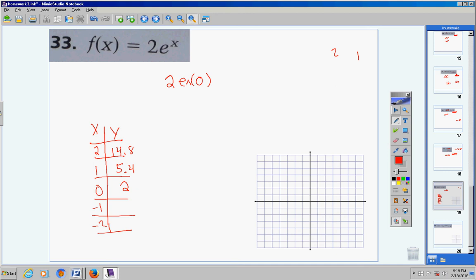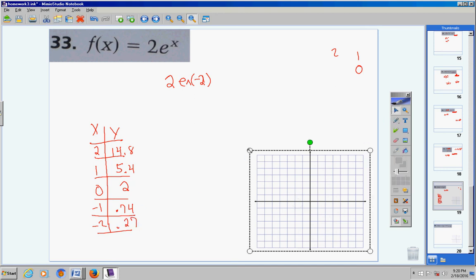With your calculator, hit 2, then second ln, and this will pop up, then type in negative 1, and you will get out 0.74. And then substitute negative 2 right here, and you will get out 0.27. Alright, so far we've got our table of values ready.